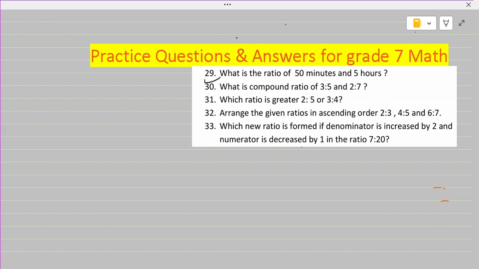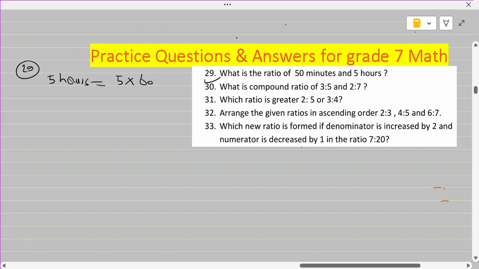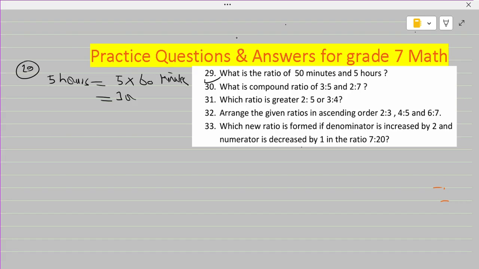So for number 29, how many minutes will be in 5 hours? Each hour consists of 60 minutes, so 5 hours will be 5 into 60 minutes, so you get 300 minutes.